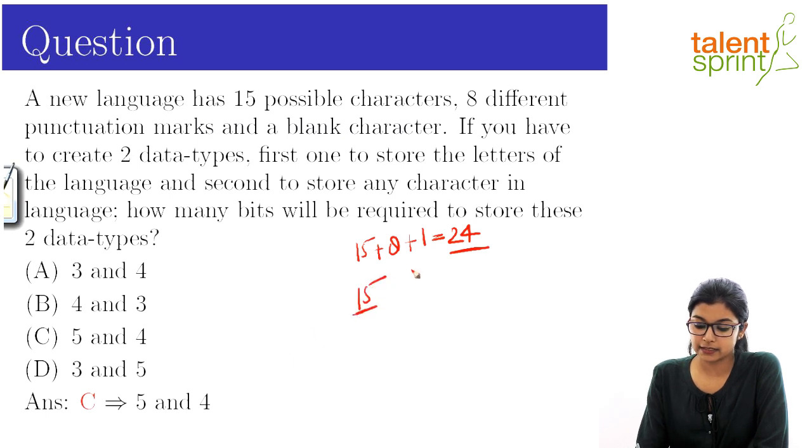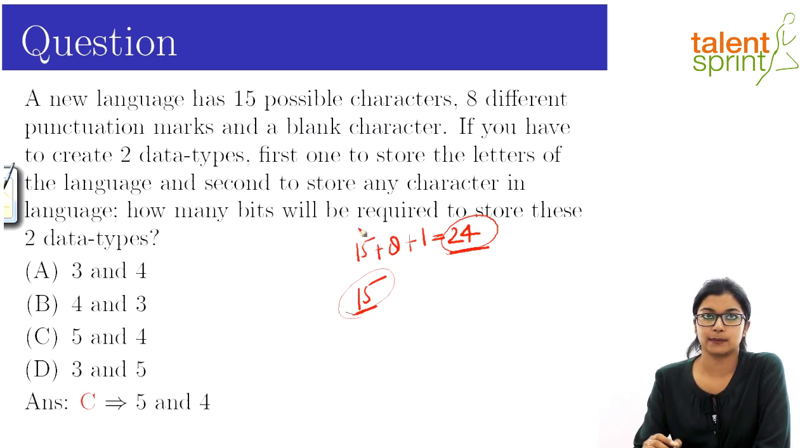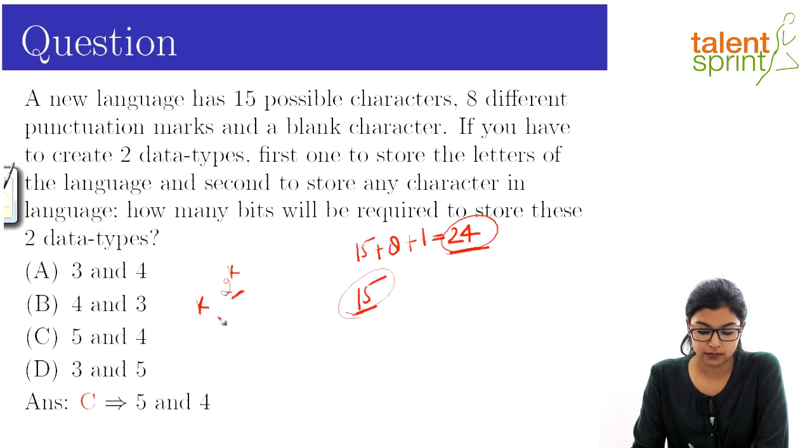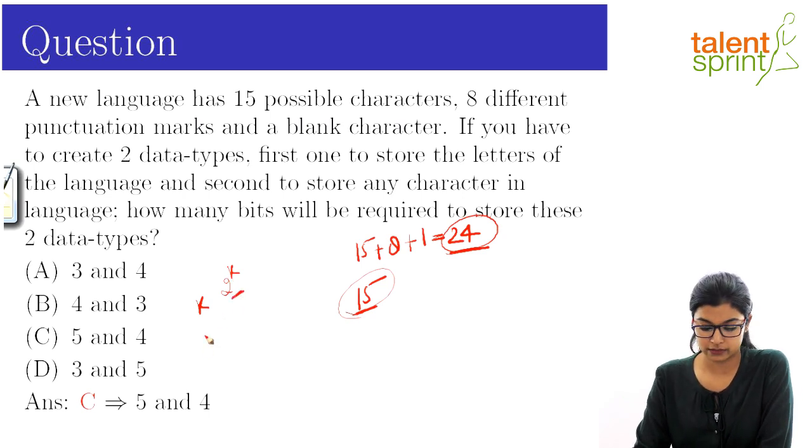So we need one data type to store 24 different things and another data type to just store 15 different characters. Now they are simply asking how many bits will be required to store these 2 data types. Okay, as we have seen that k bits can store 2 to the power k different patterns, 2 to the power k different combinations.